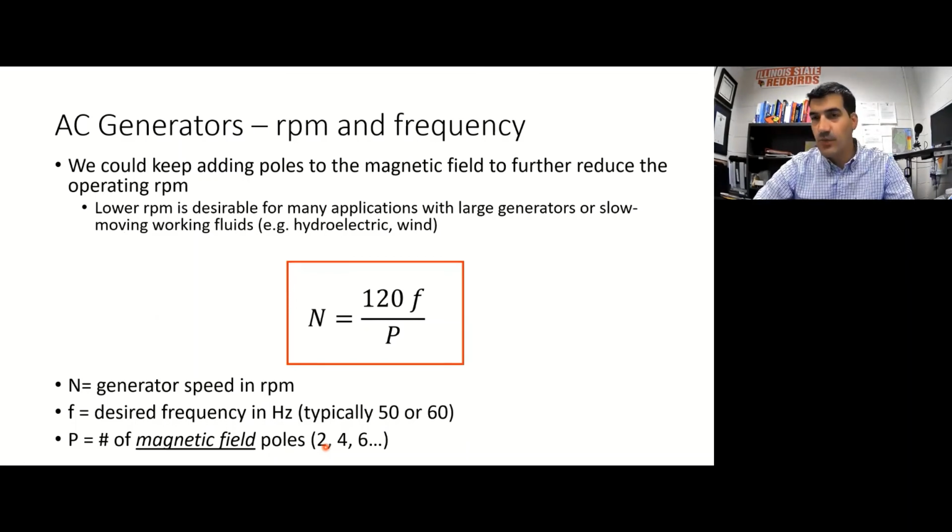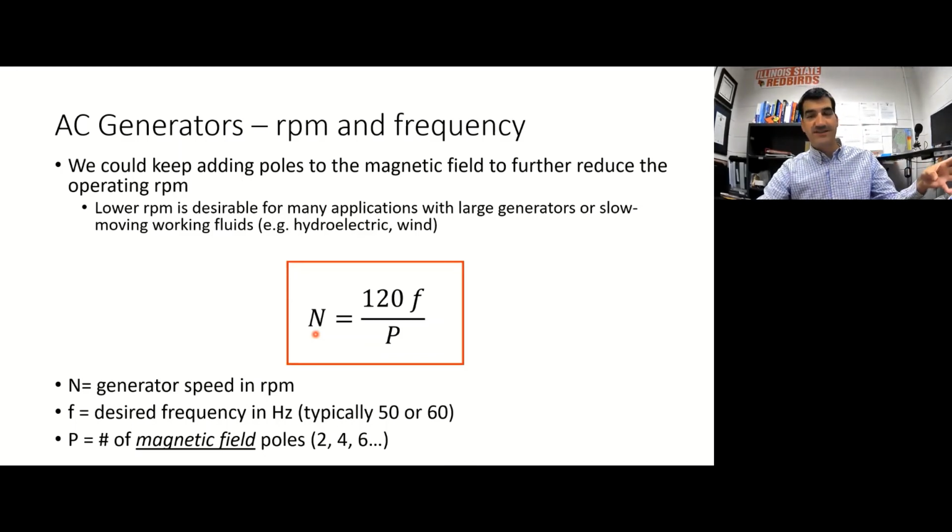You can just use this equation. And this equation is a very widely used equation. It's very well known. And the variables that you have to remember are: n, and I apologize, I did not create this equation, but n in this equation means the generator speed in RPM.